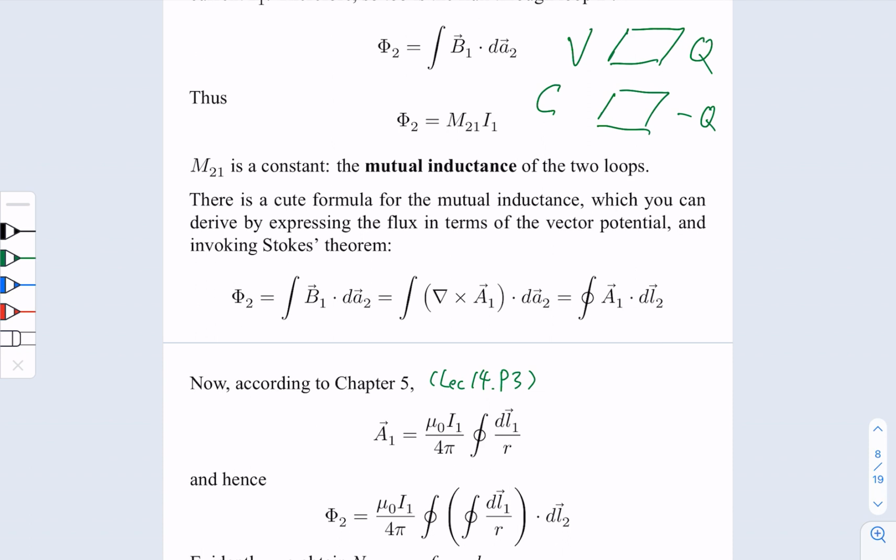So the equation is A1 equals mu naught I1 over 4 pi times the closed loop integral of dl over, I guess that could be a separation vector. I'll double check.